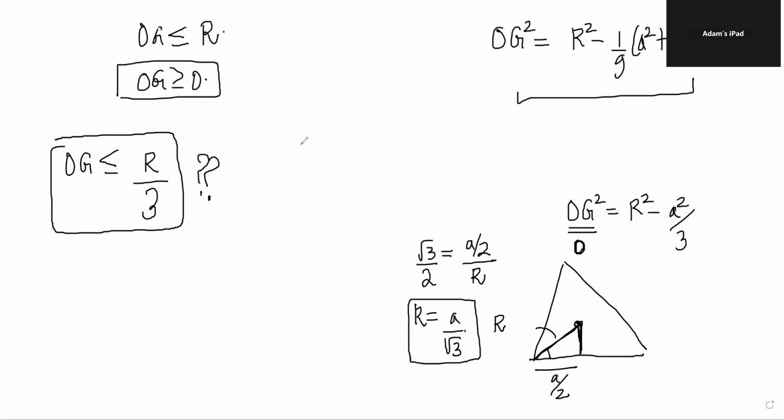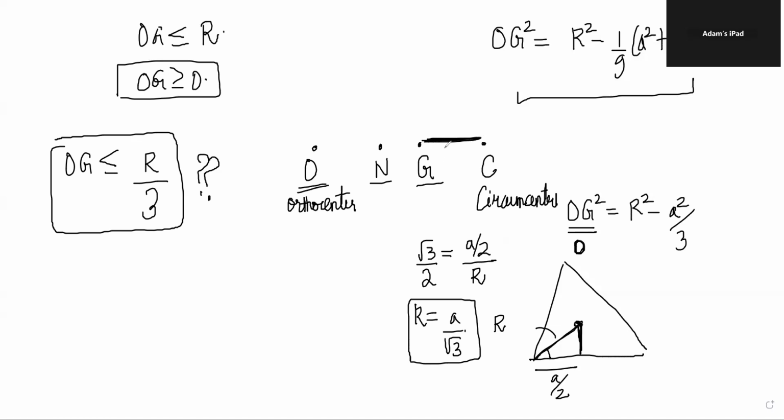See, O, 9-point center, centroid, and circumcenter. No, this is orthocenter. Orthocenter, 9-point center, centroid, circumcenter. In our problem, this is the distance OG, right? But we know that all of these points lie on a line. It's called the Euler line.